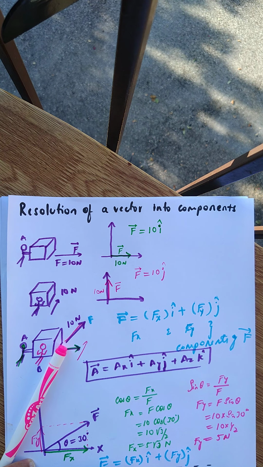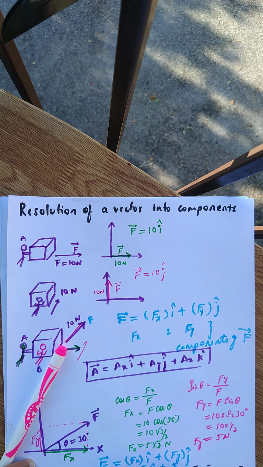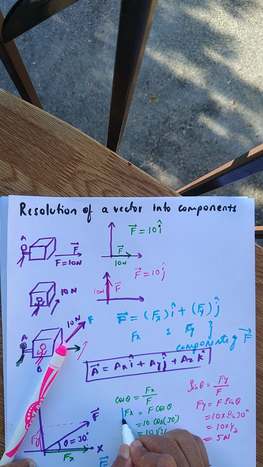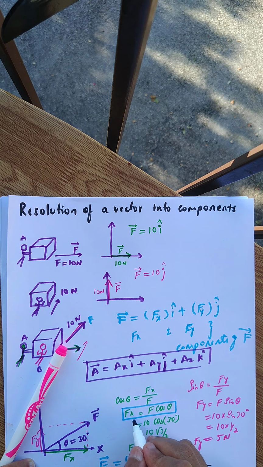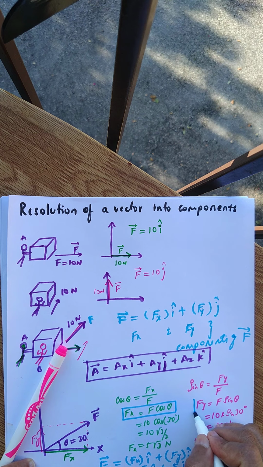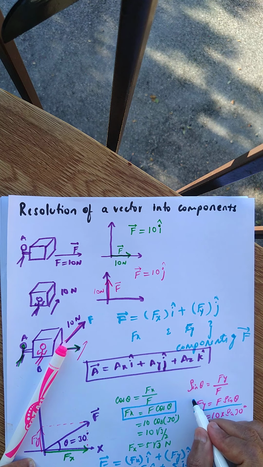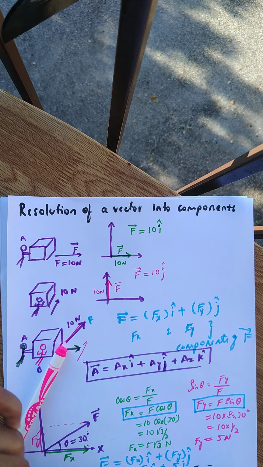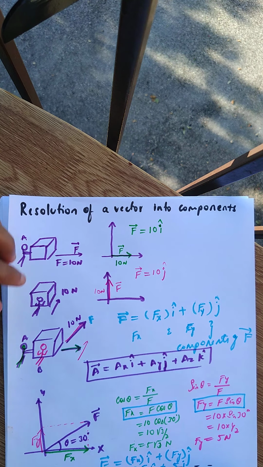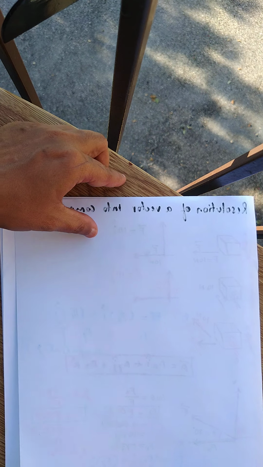So F equals 5 root 3 I cap plus 5 j cap. Look at here. In terms of magnitude of the force and the angle, I have got the x component formula. It is also called the horizontal component, and this is called the vertical component. Fy is equal to F sine theta. So there is an interesting point to observe here.